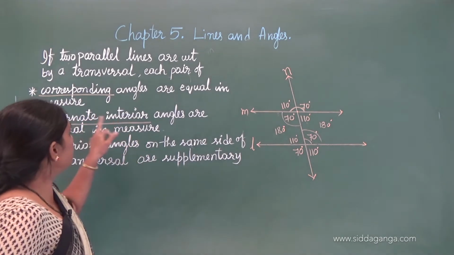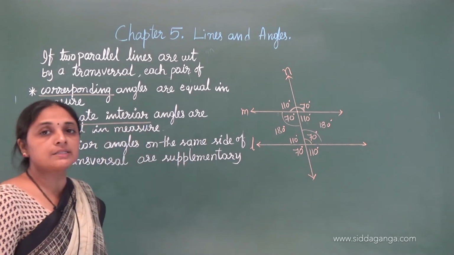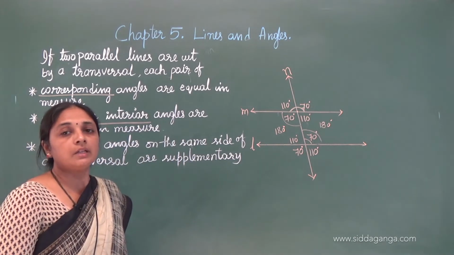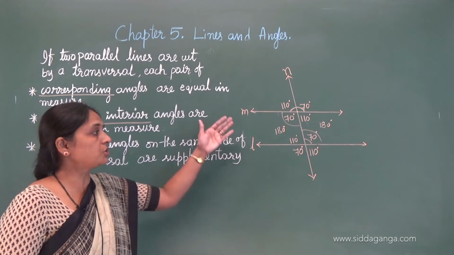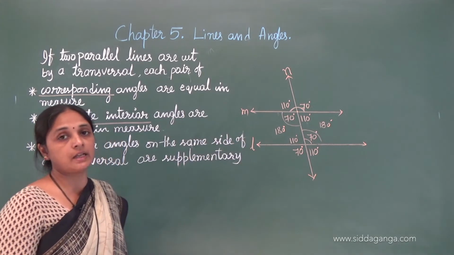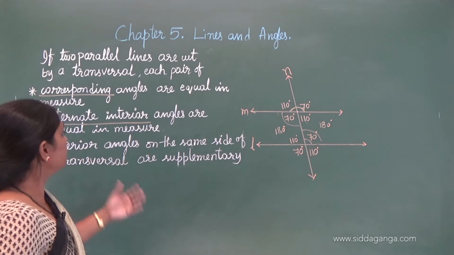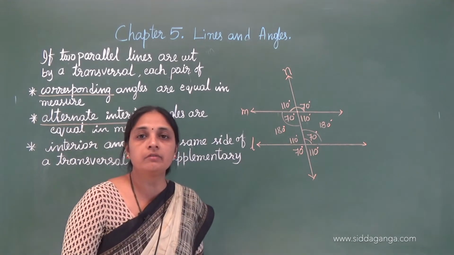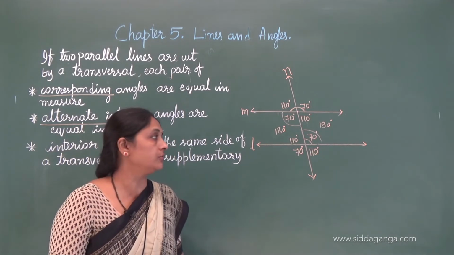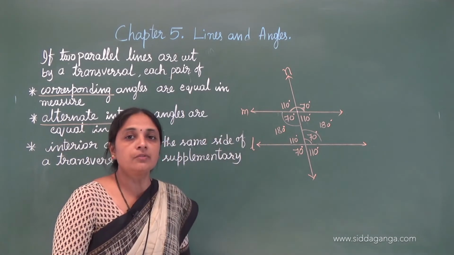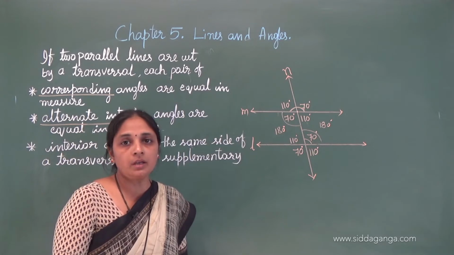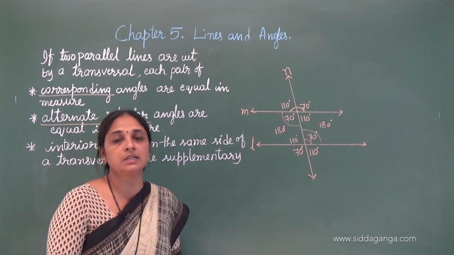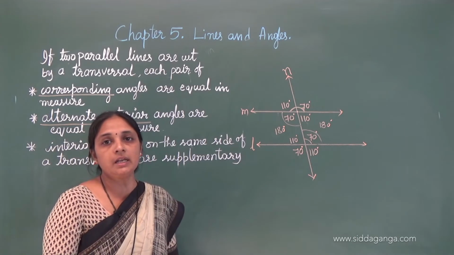And if alternate interior angles are equal, then those two lines are parallel. And if the sum of the two angles which lie on the same side of the transversal is supplementary, if both of them make 180 degrees, then we can say that those two lines are parallel.